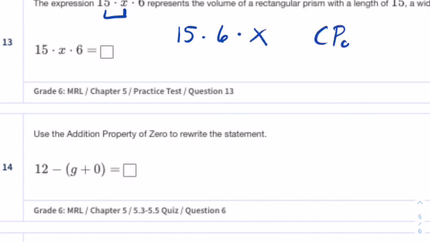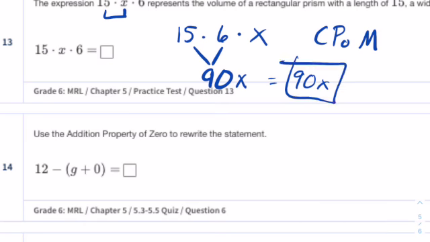It tells me that I can rearrange the factors as long as everything is just being multiplied, which it is. So now I can just do the 15 times 6, which makes 90, and then the x just comes on down. So that's 90x as the answer for this one.